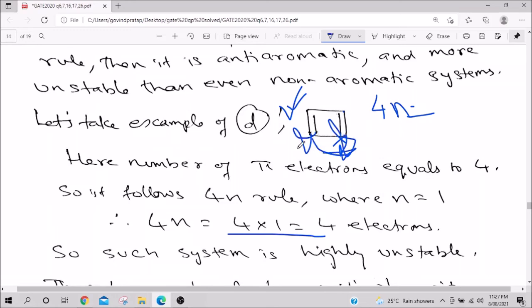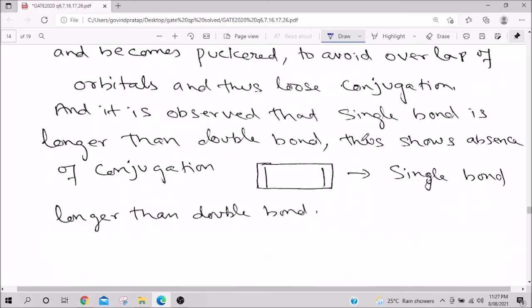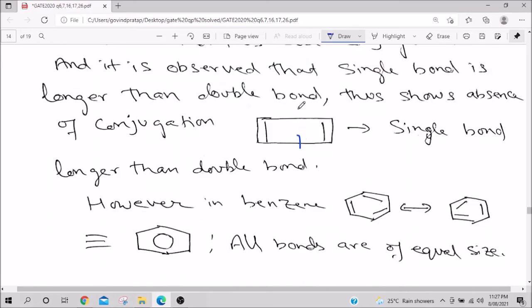So conjugation is completely lost and the system becomes non-aromatic, because non-aromatic is better than being anti-aromatic. How do we know all this? Because they have done X-ray studies and saw that the double bond is shorter than the single bond. That means these orbitals are not overlapping and the molecule has lost its planarity.